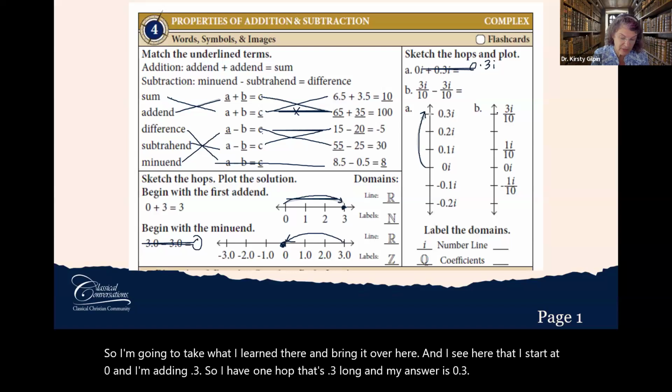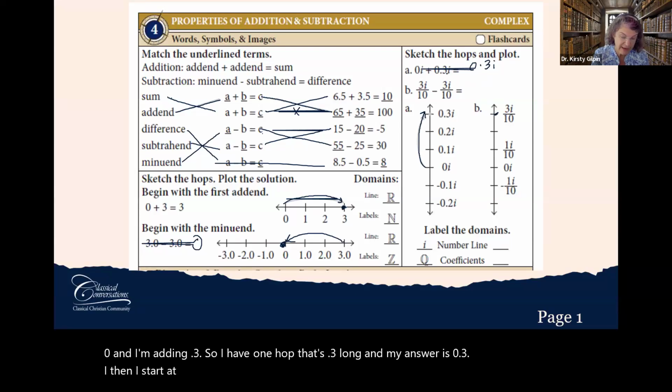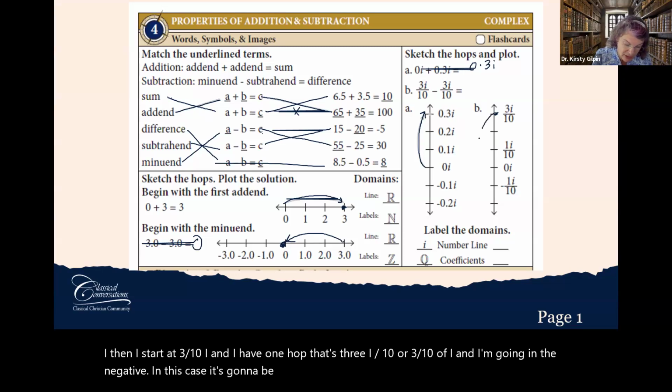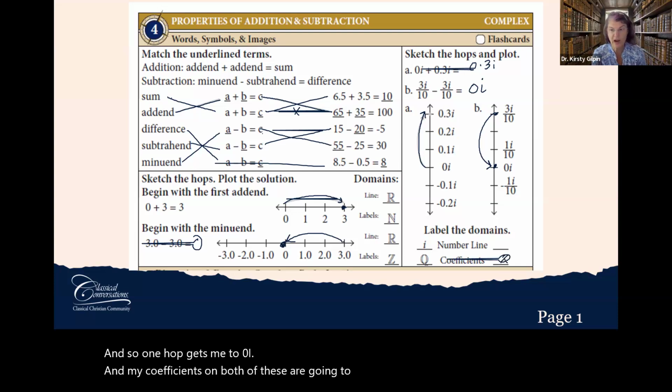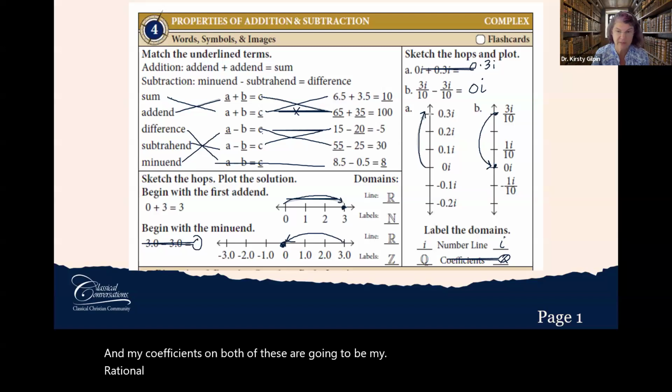Then I start at 3/10 i, and I have one hop that's 3i over 10, or 3/10 of i. And I'm going in the negative. In this case, it's going to be a down direction. And so one hop gets me to 0i. And my coefficients on both of these are going to be my rational numbers, and my number line is the imaginary number line.